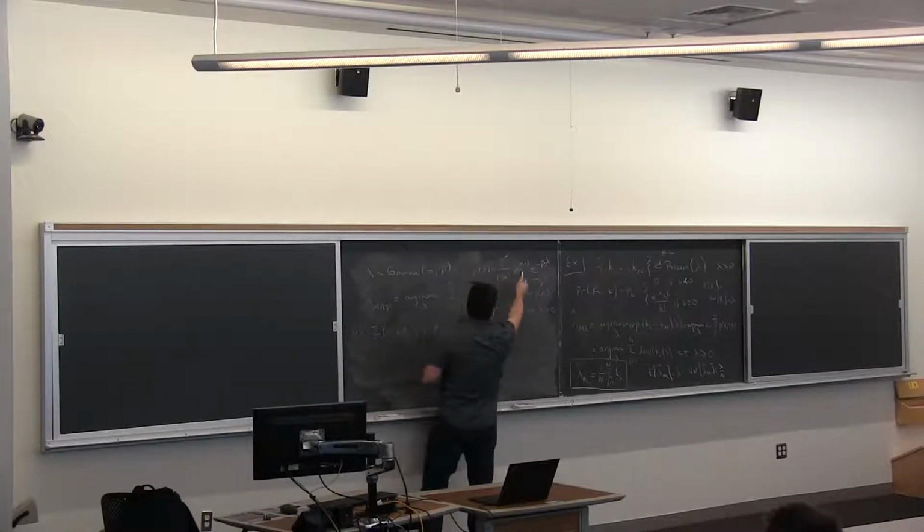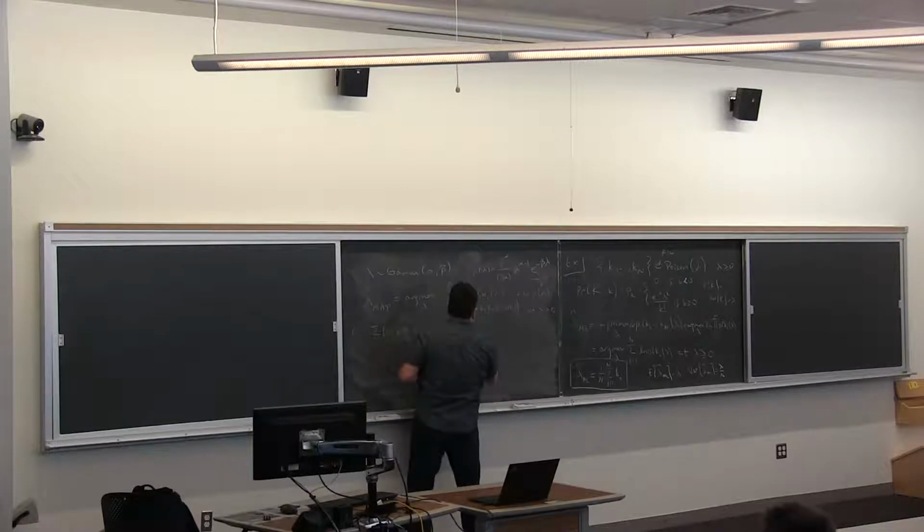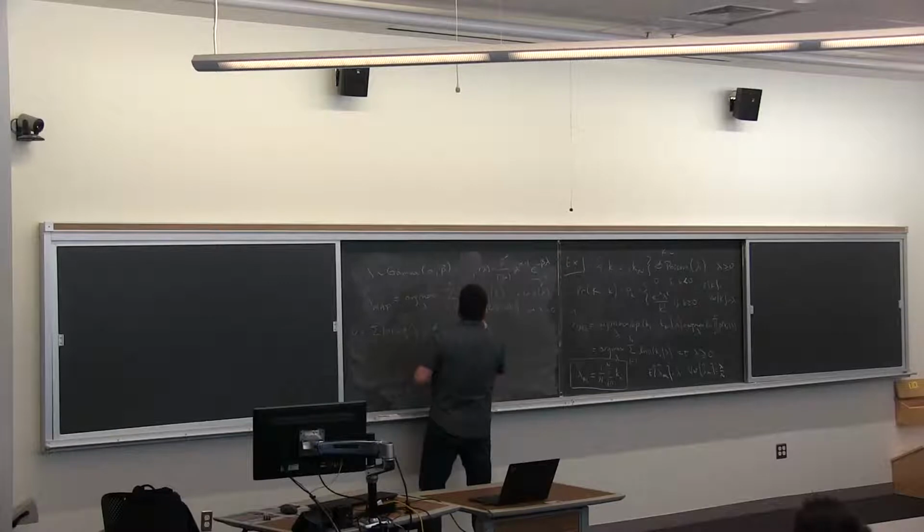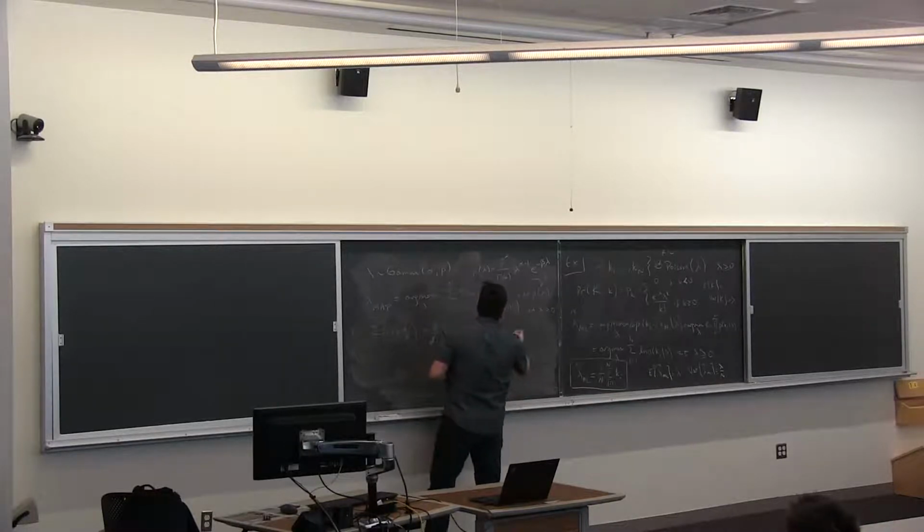And log of lambda to power alpha minus 1 is alpha minus 1 times log lambda, and then minus beta lambda.